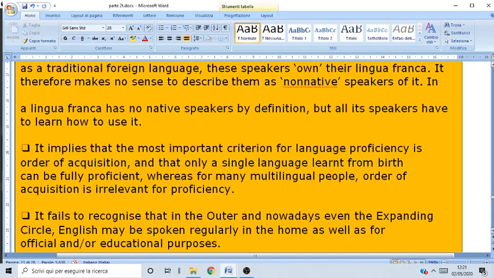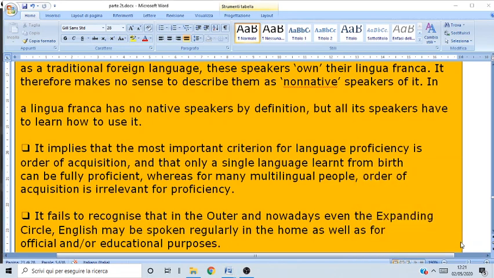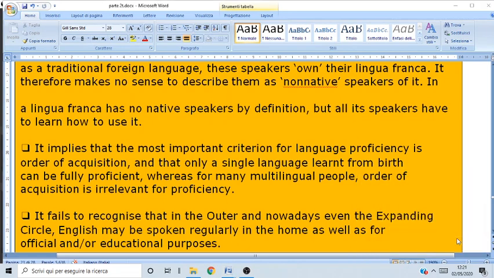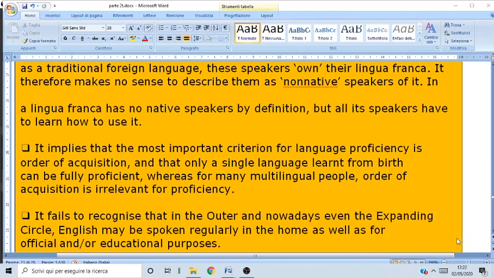The idea of distinguishing between native speakers and non-native speakers means that if somebody distinguishes between them, there is an idea behind this.